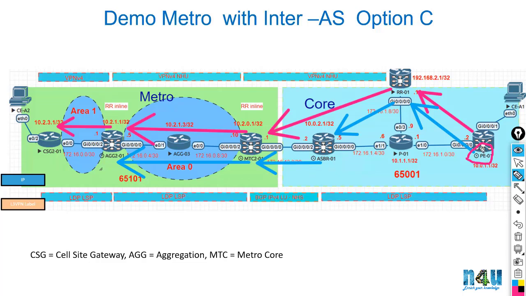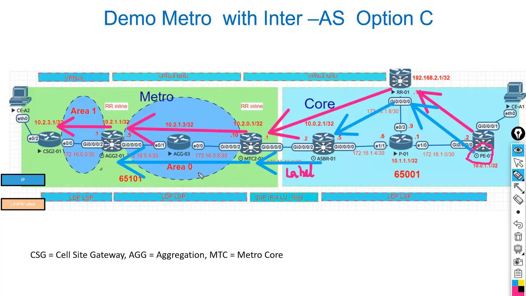For the IPv4, the PE router advertises its loopback address to the RR router. The RR router then advertises to ASPR. ASPR then advertises this IPv4 prefix to the metro core with a label that is assigned to this IPv4 address.